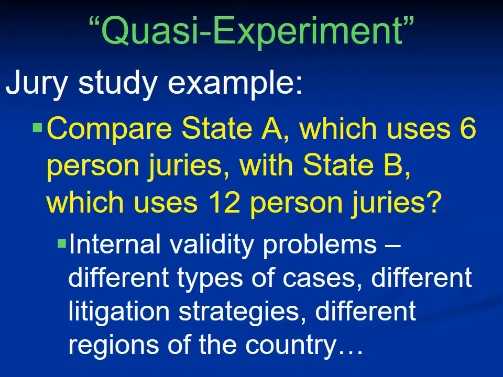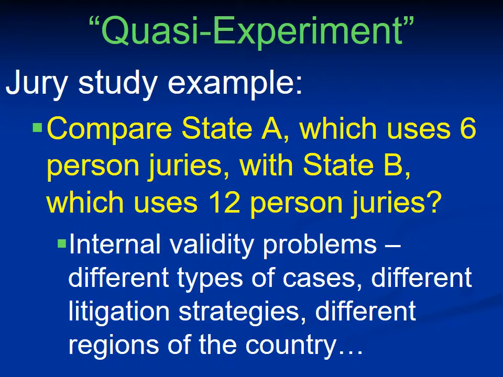I used this, in fact, as an example earlier when we were talking about internal validity problems, you might remember. So here, any differences between these two states on whatever outcomes we're measuring might be attributable to the types of cases coming to trial in each state, different litigation strategies among the lawyers, different traditions, different regions of the country.